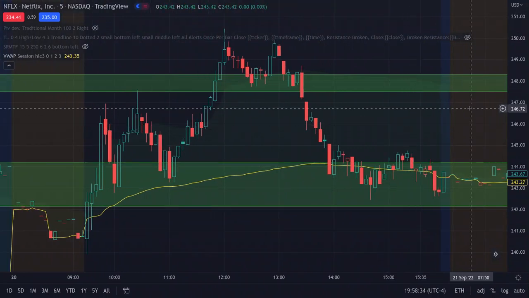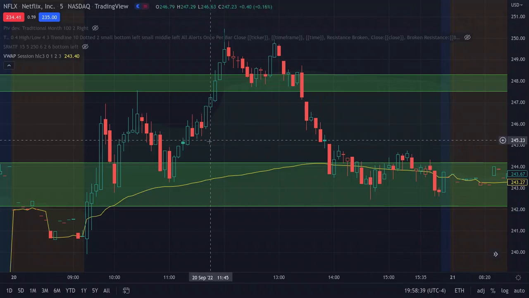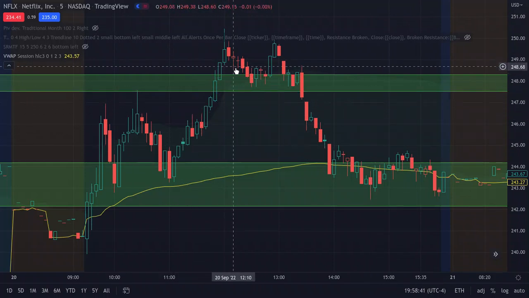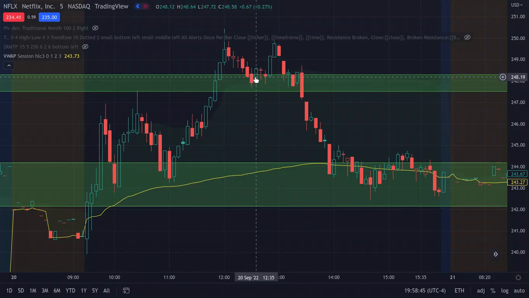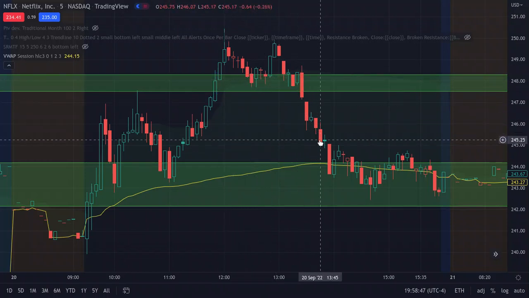So I had the same mentality as I did for the Nvidia trade. I figured once these tech stocks get into this strong supply zone, they're going to sell off, anticipating the Fed meeting that's coming up.